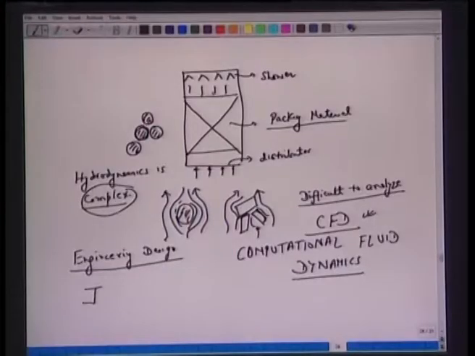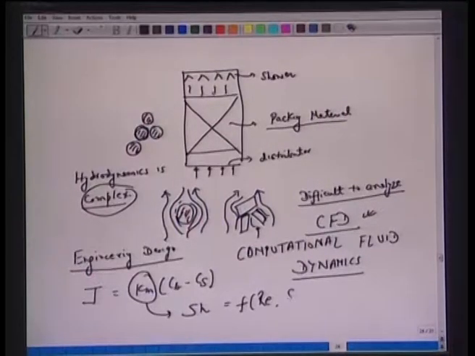In that case, if you recall, we said that J, the mass transfer flux, is Km, the mass transfer coefficient, times the difference between Cb in one phase and maybe Cs on the other phase. In this case, maybe it's a liquid phase. Now this is a mass transfer coefficient, which we said is related to the Sherwood number, and this is related to the Reynolds number and Schmidt number.